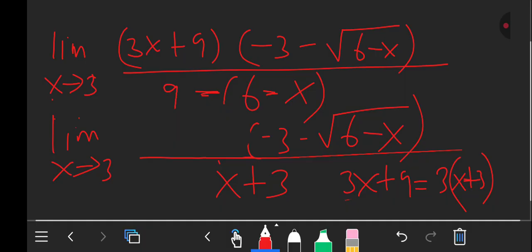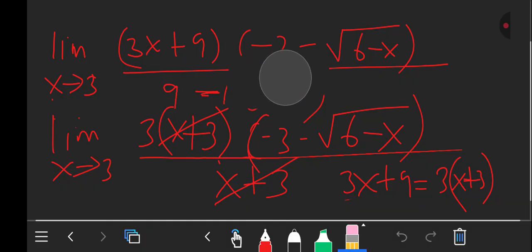So I'm going to have 3 open brackets, then x + 3. So that is what I have, and this x + 3 can now cancel with that x + 3, to make things easy.